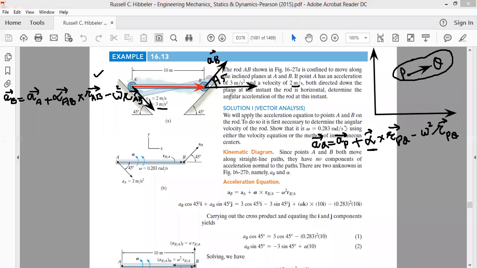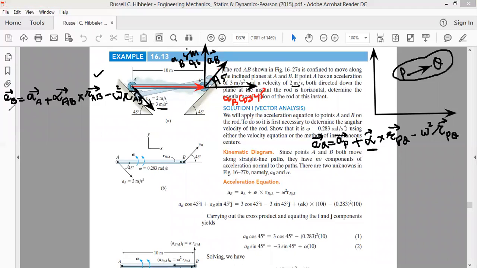We can write its component along this x-axis as AB cos 45. This is directed along the x-axis. Its component along the y-axis will be AB sine 45, that is, the acceleration of B times sine of 45 degrees.